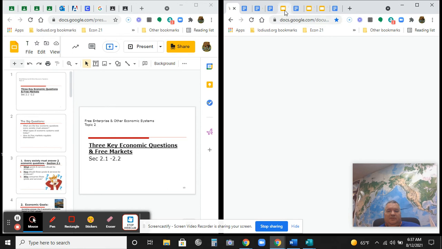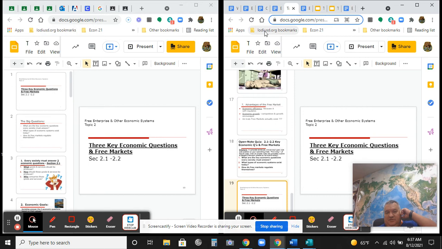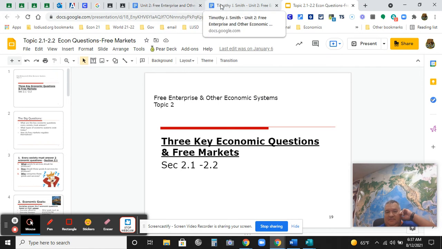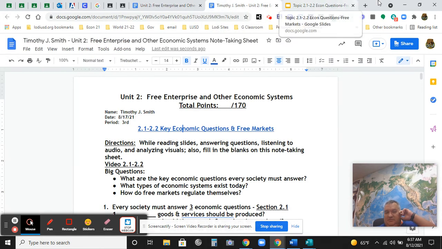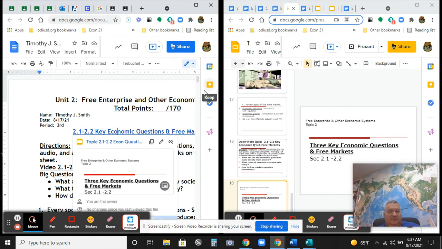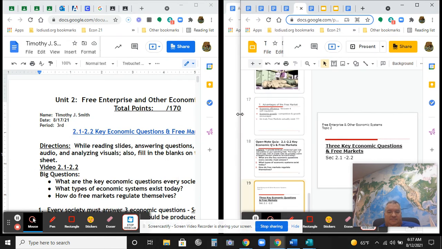That should not be showing. So here's 2.1 and 2.2. But I also need the note-taking part. Let's see. Where did that end up? That ended up here. Okay, let's make that one even, and then make this one even.